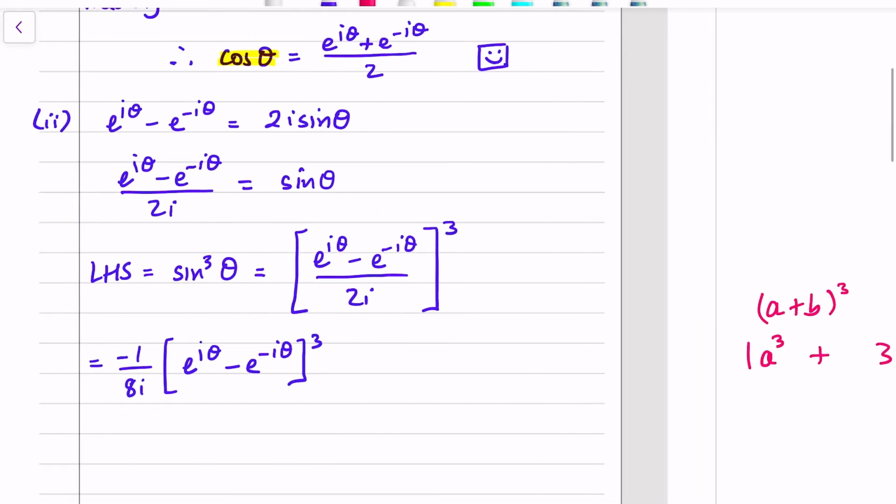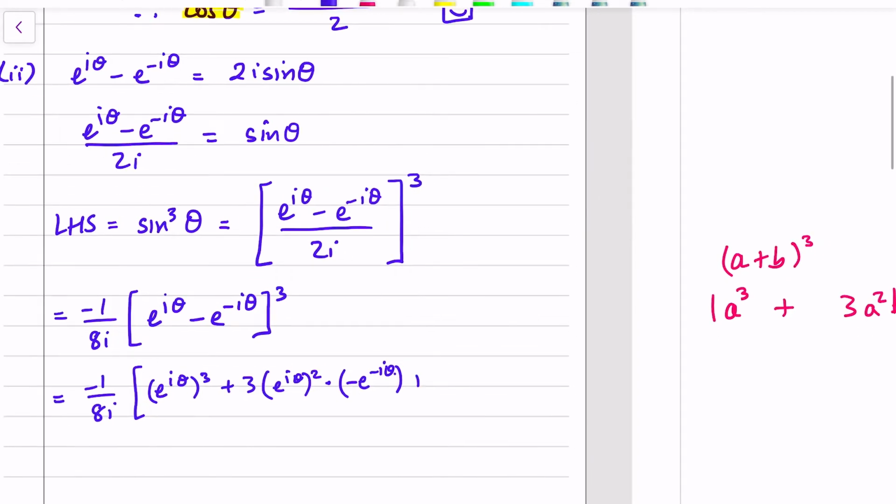So for this one, we've got e to the I theta cubed plus 3e to the I theta squared times negative e to the minus I theta, and then 3e to the I theta, which is single power, times negative e to the minus I theta squared, and then we've got plus negative e to the minus I theta cubed.